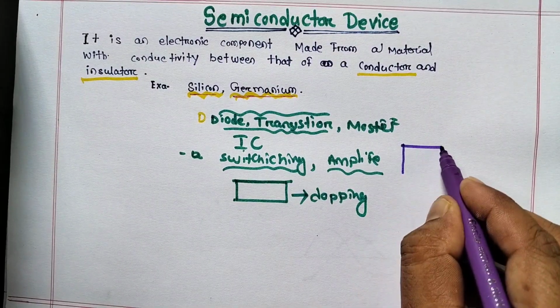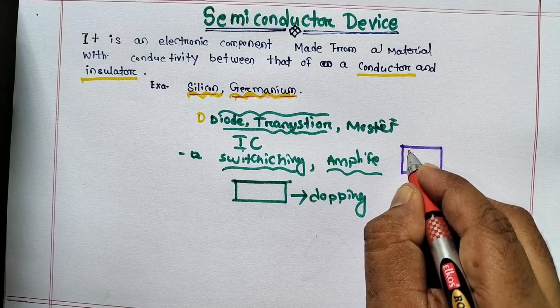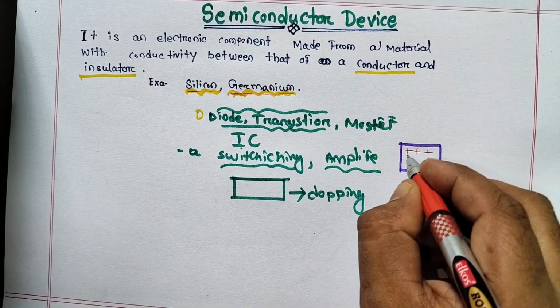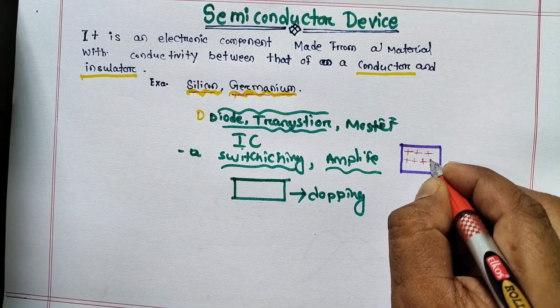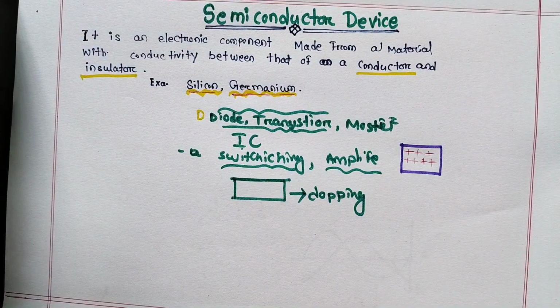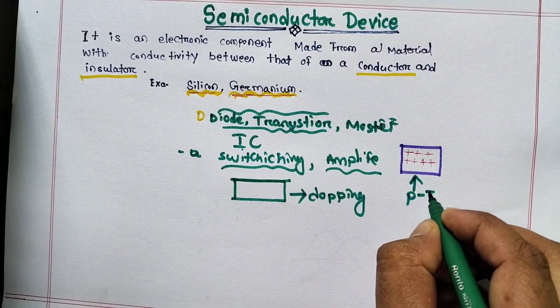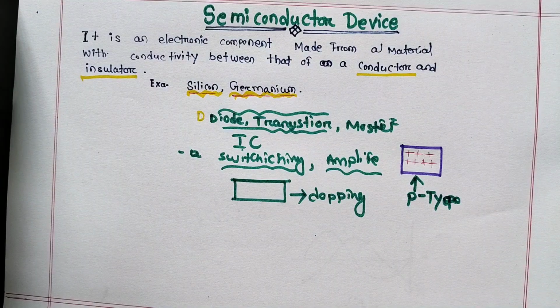By adding impurity to the semiconductor, if you add more positive impurity, or holes, to the semiconductor material, that is called P type semiconductor material.